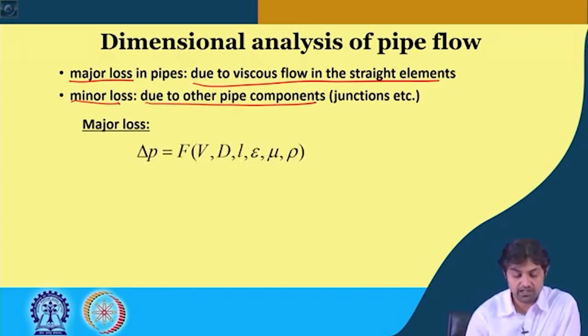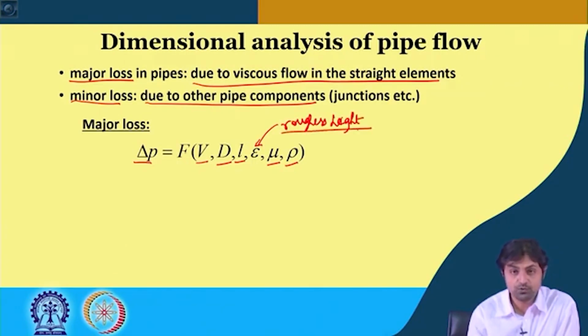So for major losses, during the dimensional analysis we say that the pressure drop should be a function of the velocity in the pipe, diameter D, length L of the pipe, mu the viscosity, and the density of the liquid. Here we have an additional element, that is roughness height epsilon.